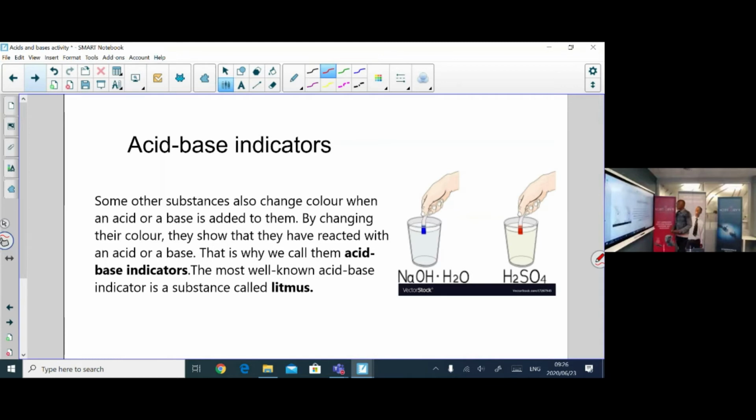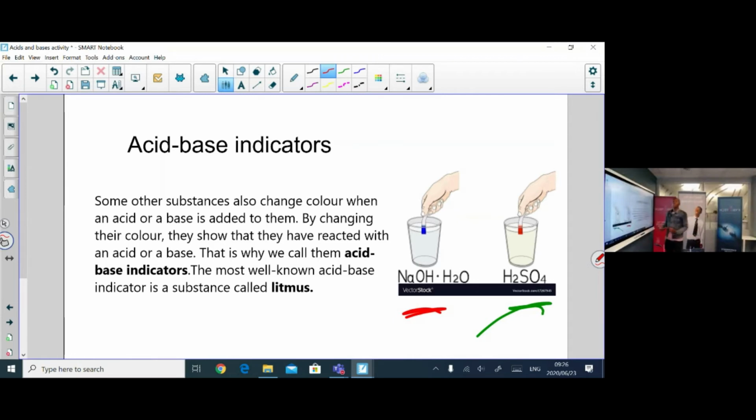The most well-known acid-base indicator is litmus. Litmus is a strip of paper that we immerse in our acid or our base, and it will change color and identify to us whether this is an acid or a base.